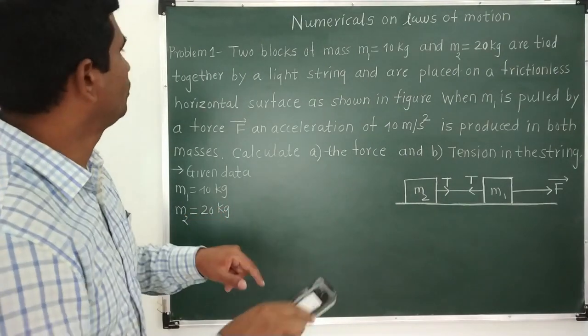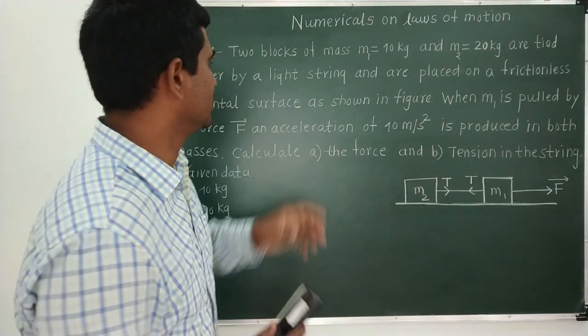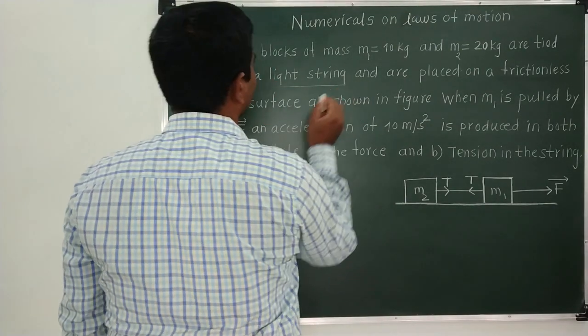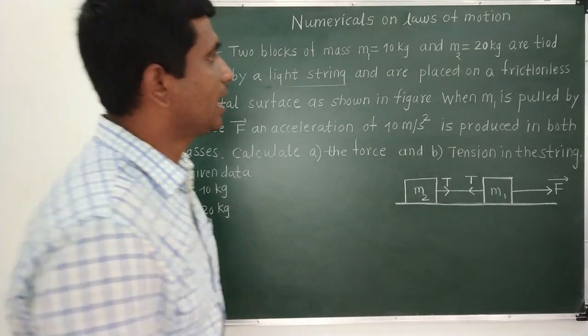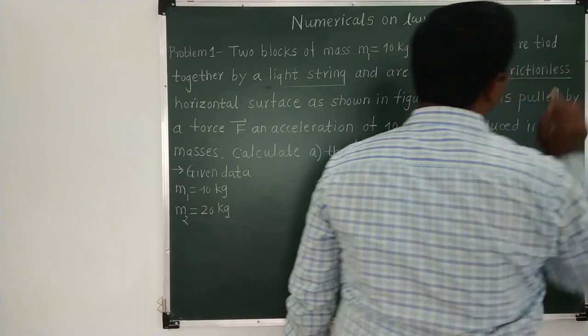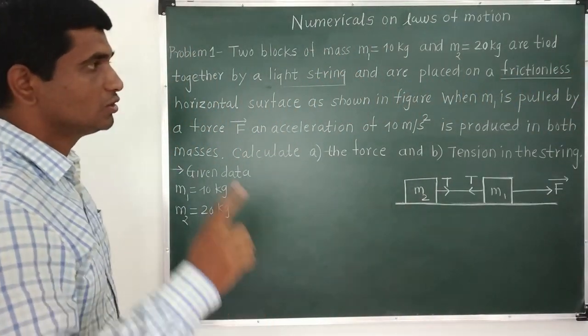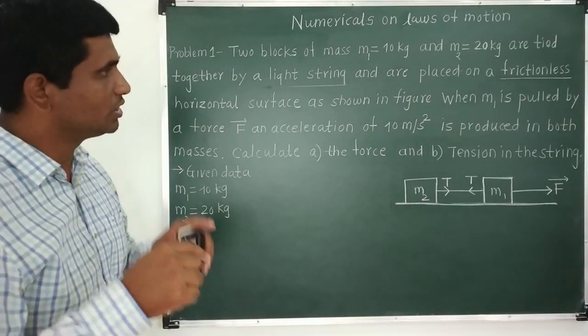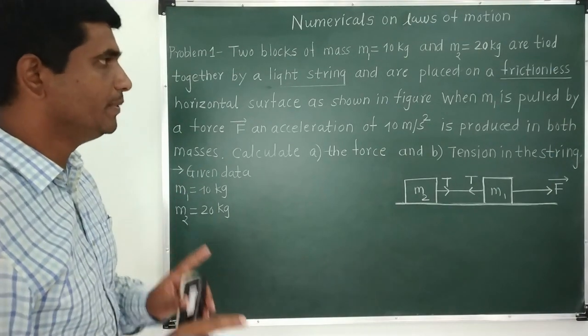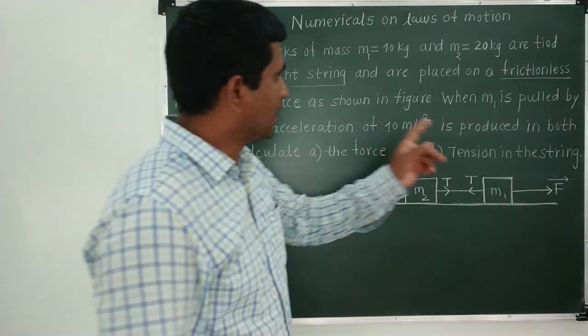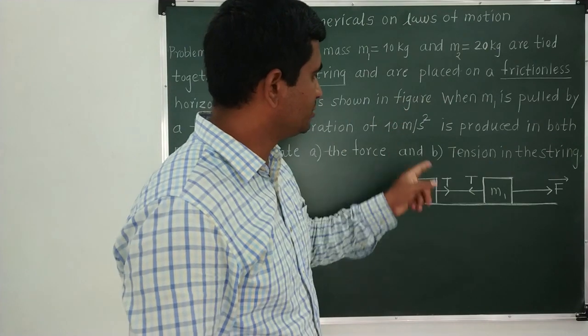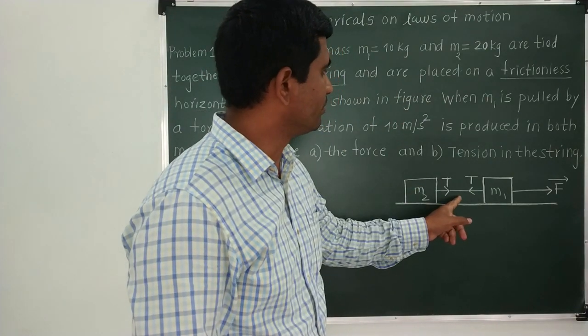These two blocks are tied together by a light string. We have to focus on this word as well, light string, and they are placed on a frictionless horizontal surface. So in this problem, the force due to friction will be 0. We will be using that as well. This arrangement has been shown in this figure.